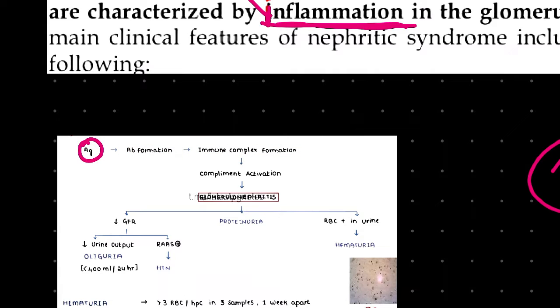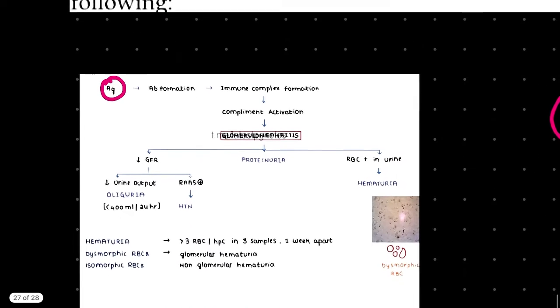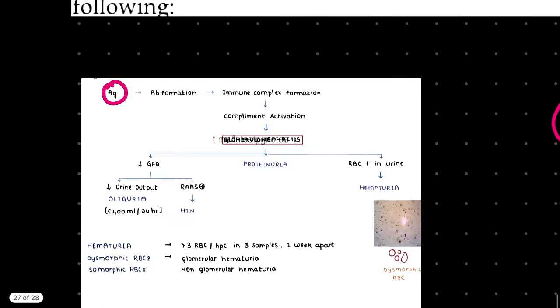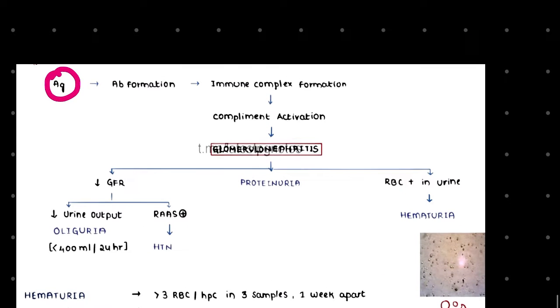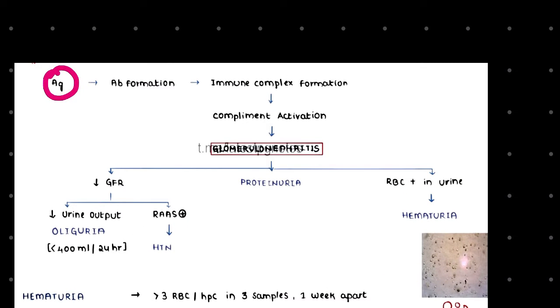As there is immune complex formation, there will be activation of the complement system, and as there is activation of the complement system, there will be inflammation in the glomeruli, and that is what we call glomerulonephritis.